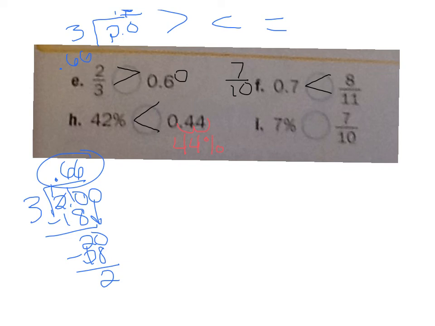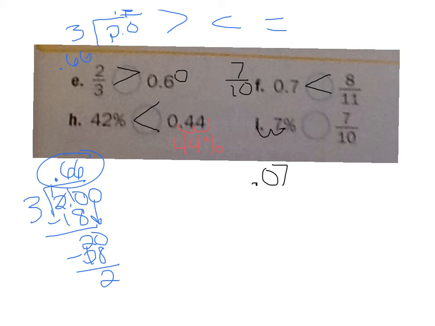My last one, 7% and 7 over 10. Remember, 7%, if I want to change it into a decimal, I would move the decimal point over 2 times, so I have 0.07.